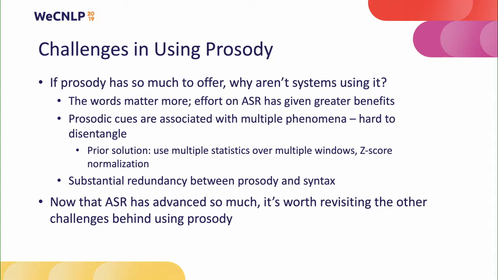The constituent structure affects it. Emotion affects it. How do we disentangle all of those things? A standard approach has been, well, let's just do a bunch of statistics and throw a bunch of things at machine learning and see what we can learn. But then you need lots of labeled data. We don't have that, so that's a little bit hard.